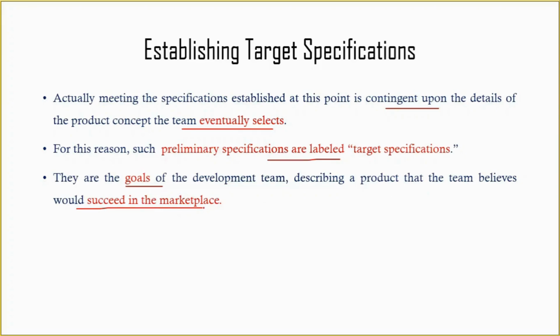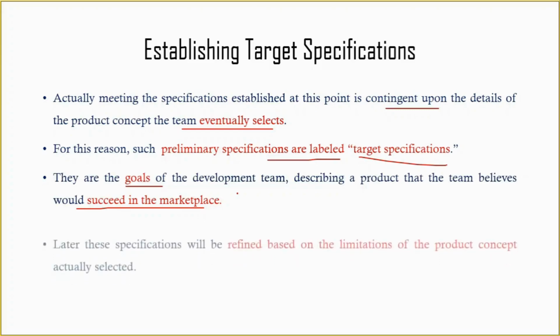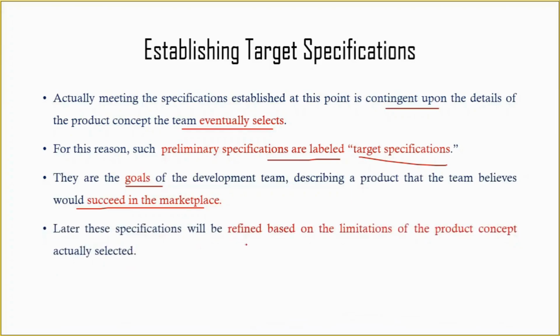Why is this a goal? Because we are considering the needs of the users and setting them as the target specification. Once we set it, we consider that the marketplace is going to accept our product. Ultimately, these specifications will later be refined based on the limitations of the product concept actually selected.